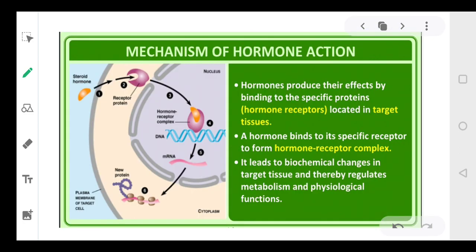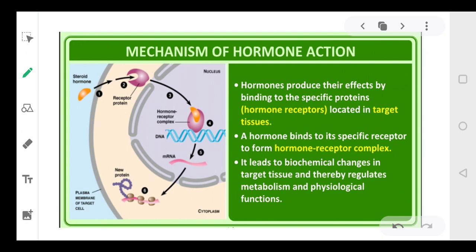Now coming to the mechanism of hormone action, means how does a hormone bring about a specific function inside the cell. So hormones interact with receptors and then bring about the desired effect. So now let's see what receptors hormones bind with. What is the normal pathway for a hormone?